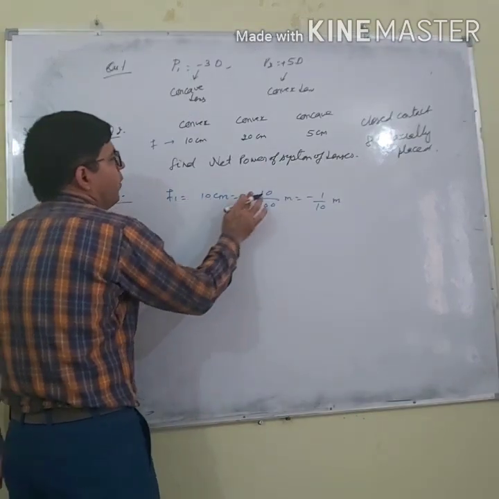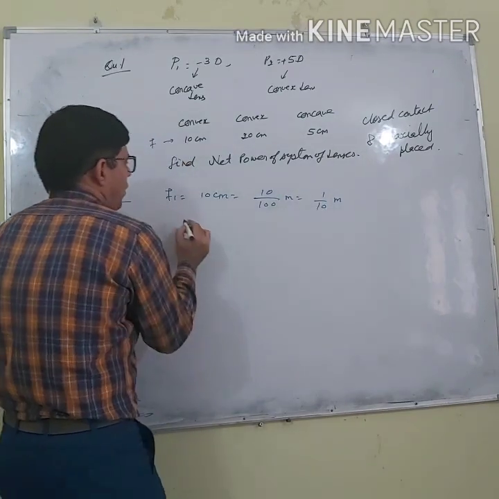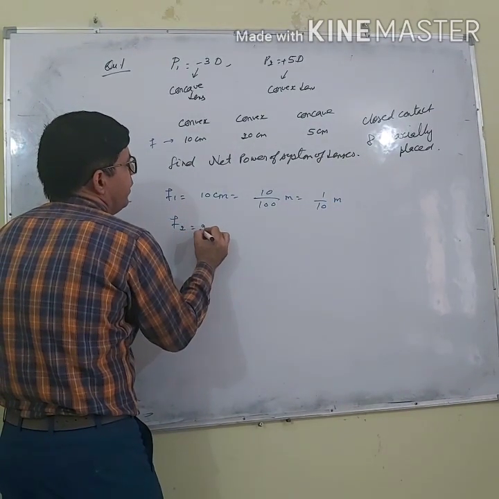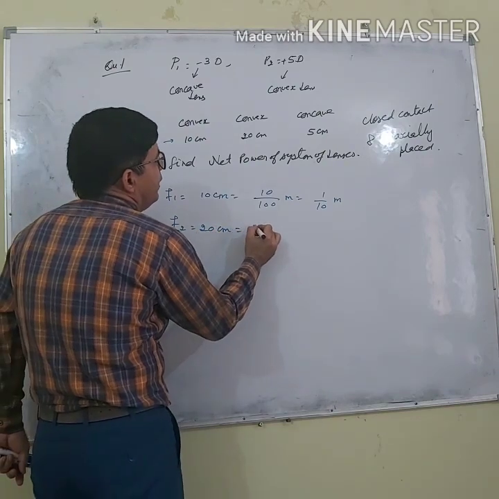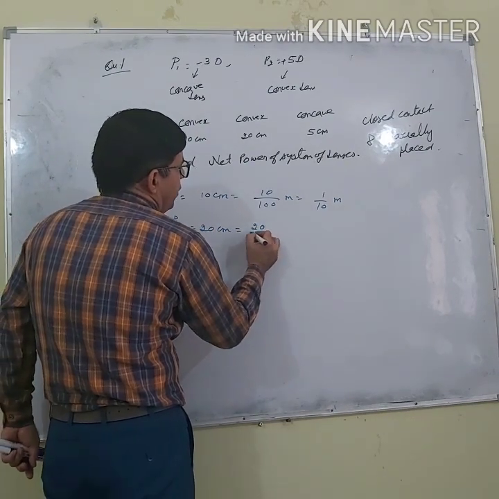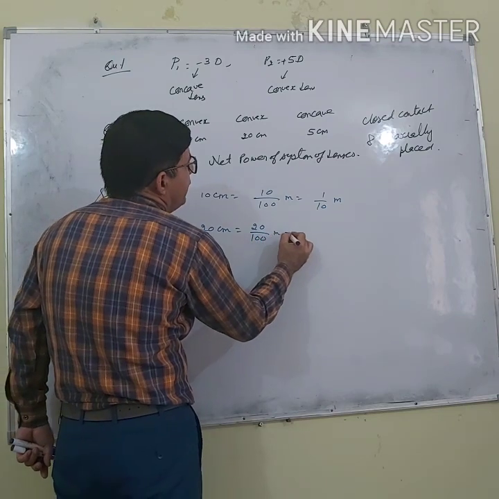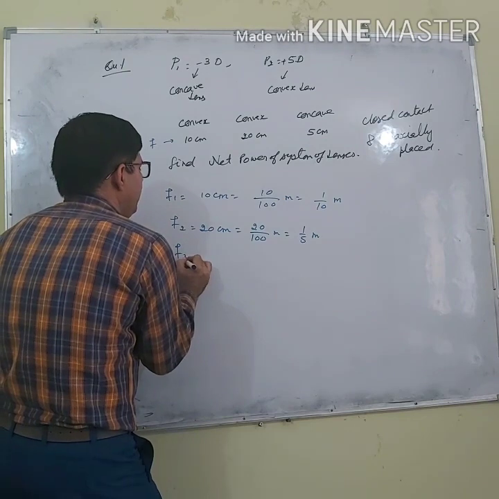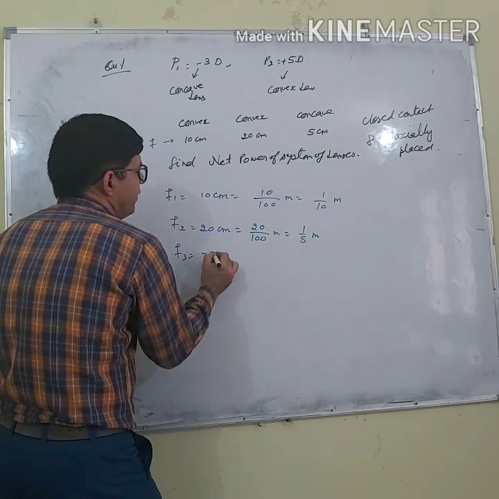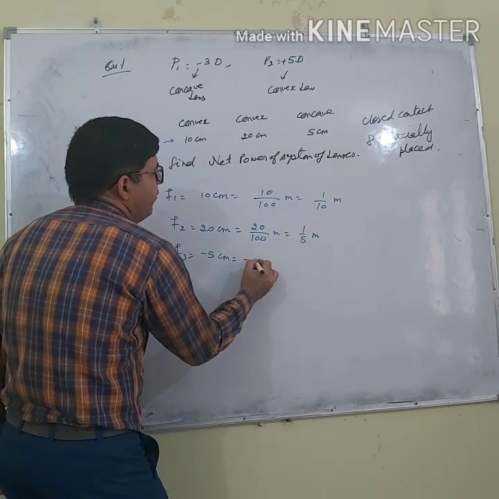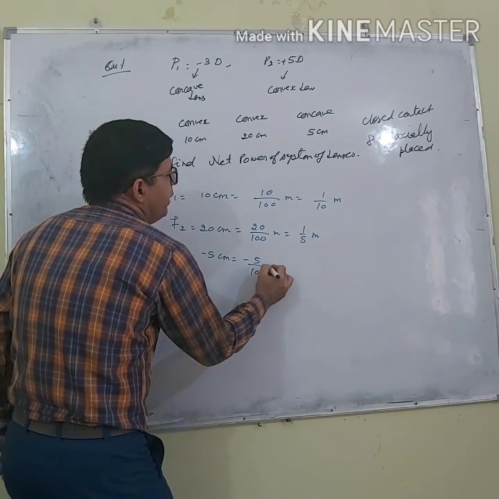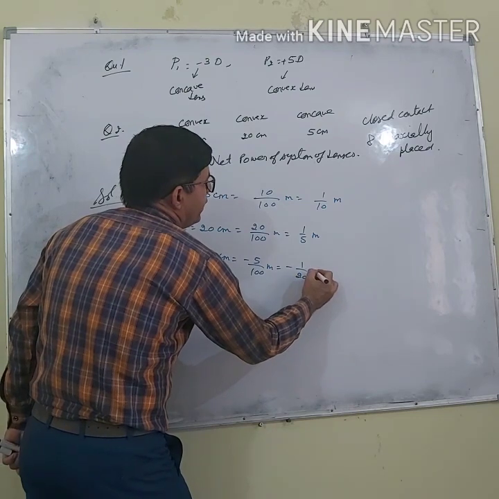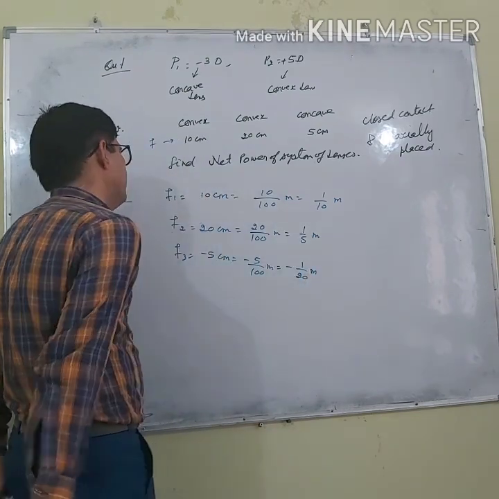Convex lens focal length is positive. And what about again convex lens? 20 centimeter. Convert it into meter. 20 by 100 meter, it is 1 by 5 meter. And third one is concave lens. Its focal length is negative and convert it into meter, so it is minus 1 by 20 meter.